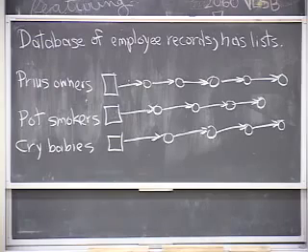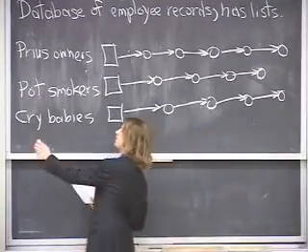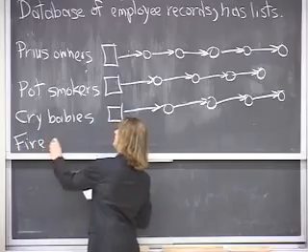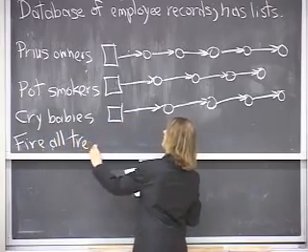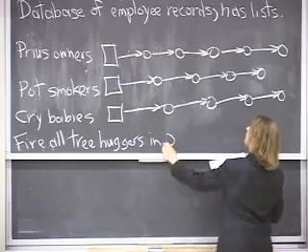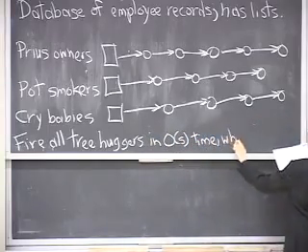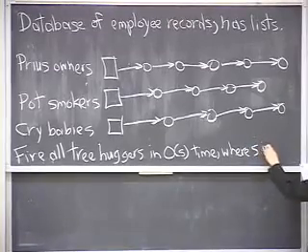Okay, now suppose one day you're the boss, you roll into the office, and you just decide at that very moment that you want to fire all the Prius owners because you're sick of watching them hug trees. And here's the trick. You want to fire them all in order S time, where S is the number of Prius owners.